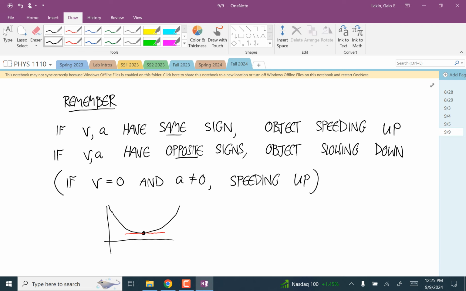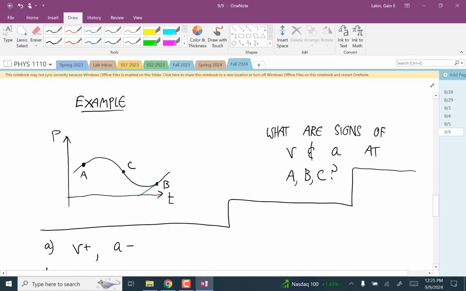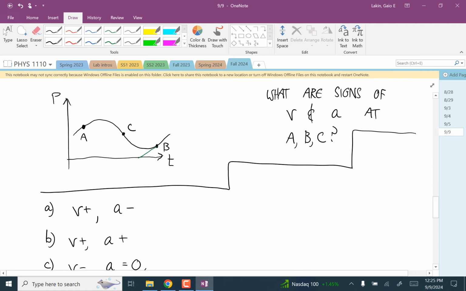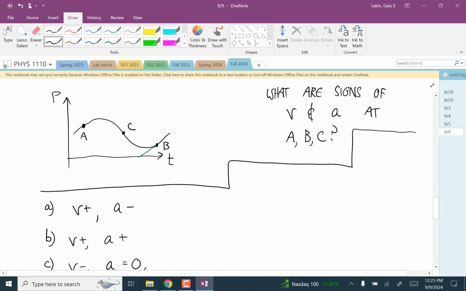Any other questions right now? Okay, well, let's look back at a couple of the examples I've drawn above and think about whether the objects are speeding up or slowing down. Okay, so let's start with this one. At that point A, is the object speeding up or slowing down? I have all the answers here below. The velocity is positive.